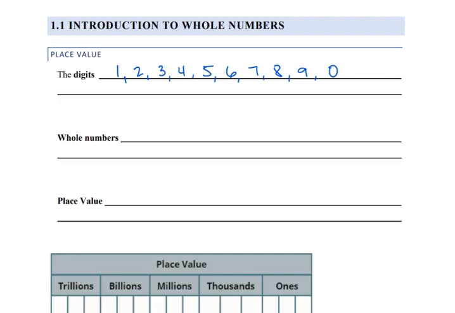There are 10 digits, so the digits allow us to write numbers, or create numbers. All right, so in order for us to write any kind of numbers, we need to use digits.